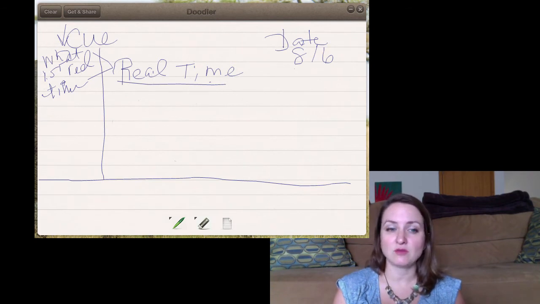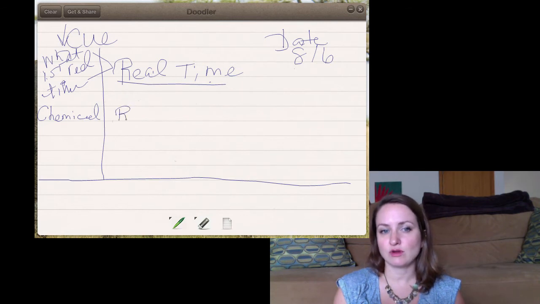So say I was talking about a vocabulary word. Like one of our first vocabulary words is going to be about chemical reactions. And over here, you wrote what a reaction is. So over here, you actually have the whole definition for a chemical reaction written out.